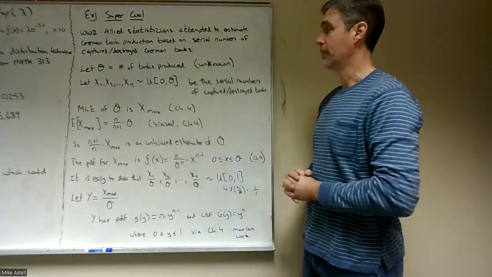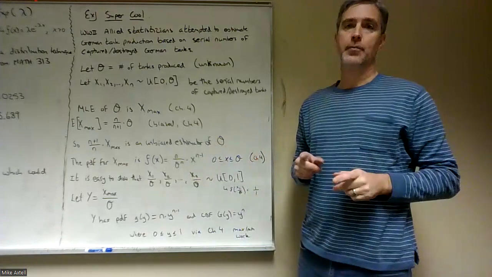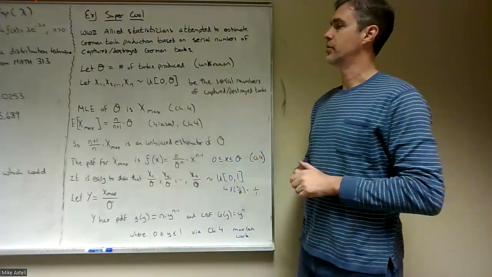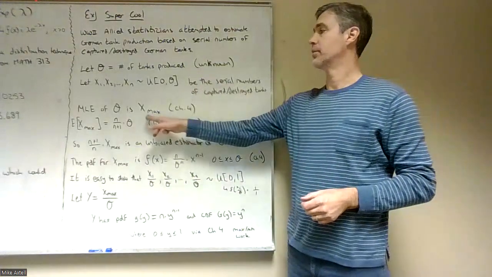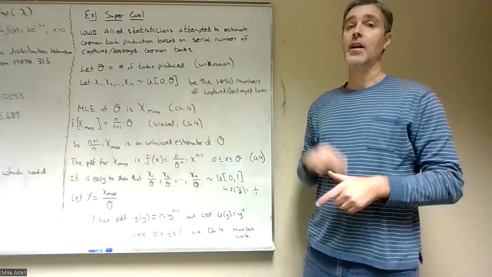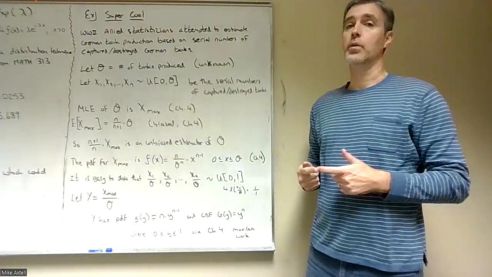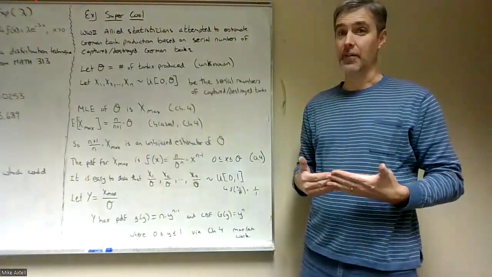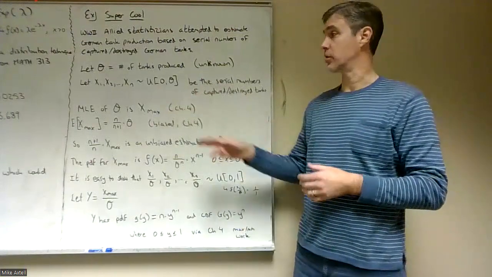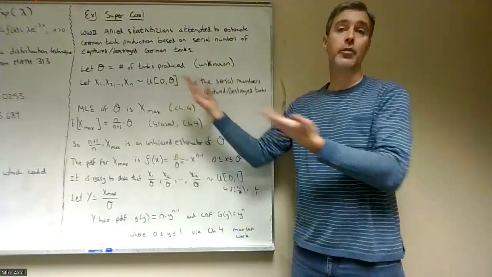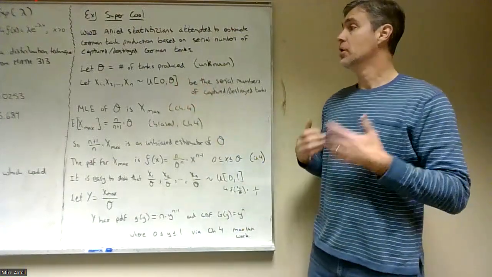All right. In chapter 4, for a uniform distribution, the maximum likelihood estimator of theta was simply x max. And also in chapter 4, we figured out how to find the PDF of x max and x min for any distribution, including a uniform distribution.